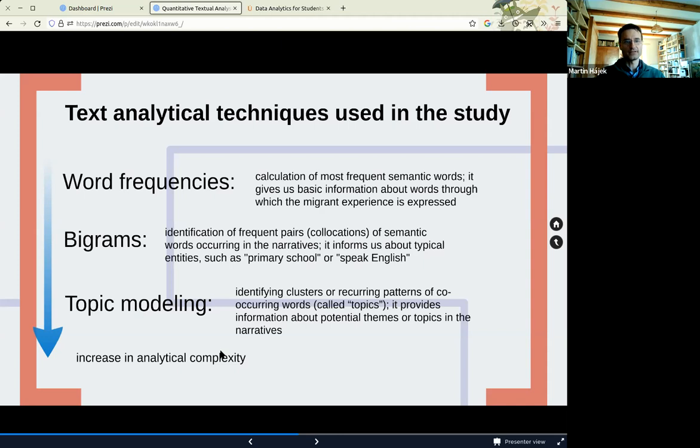I calculated the most frequent semantic words. Semantic words are words whose meaning does not entirely depend on their context. Of course, they also depend on context. An example of a semantic word can be home or school.